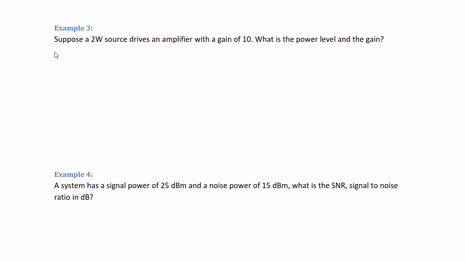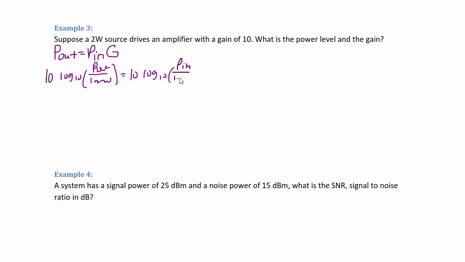So P out is equal to P in times the gain, or in terms of decibels, we're going to have 10 log base 10 of P out with respect to 1 milliwatt is equal to 10 log base 10 of P in with respect to 1 milliwatt plus 10 log base 10 of the gain.